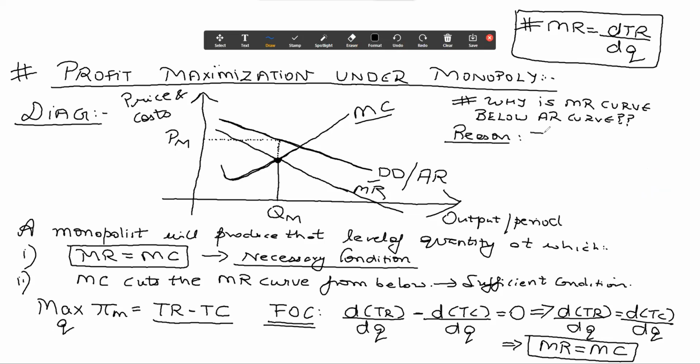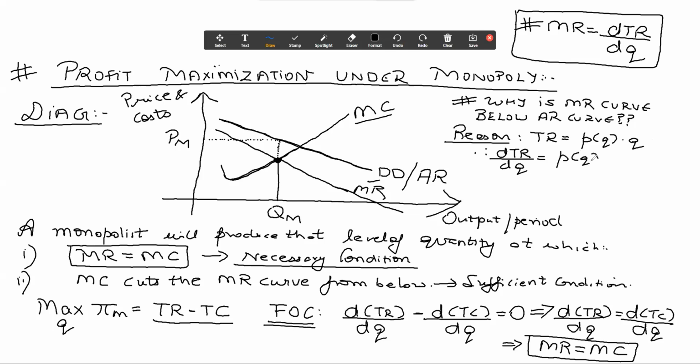What is my total revenue? My total revenue is price as a function of quantity times quantity. My total revenue is price into quantity, right? But price itself is also a function of quantity. Now, if I differentiate it, dTR/dQ, I can use the product rule for differentiation.